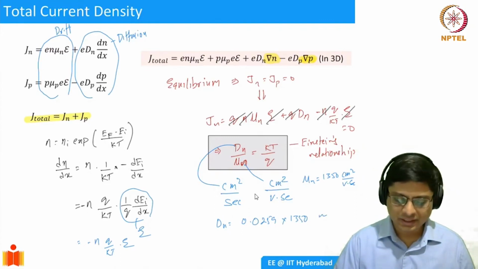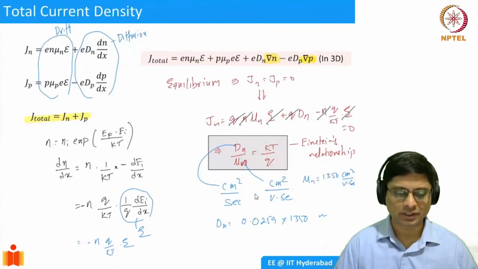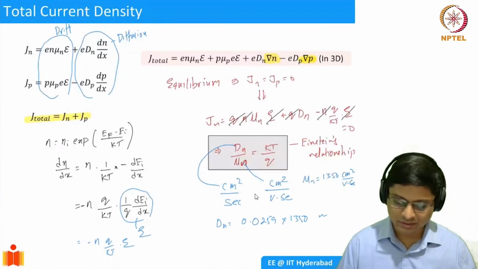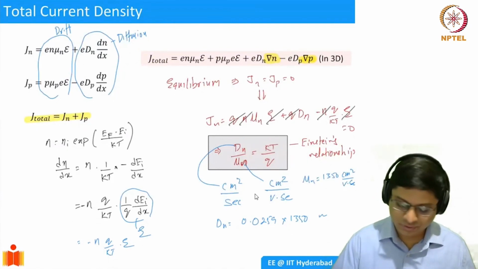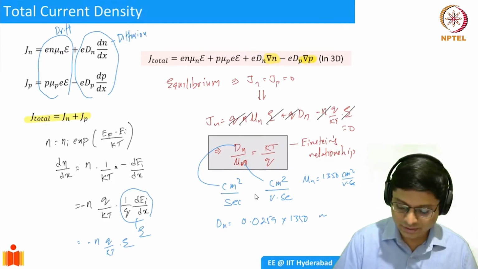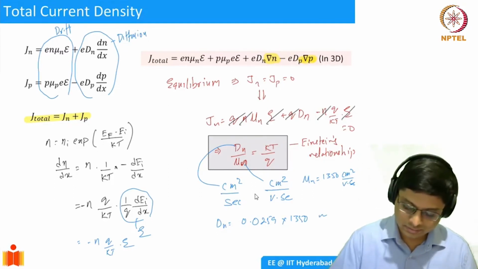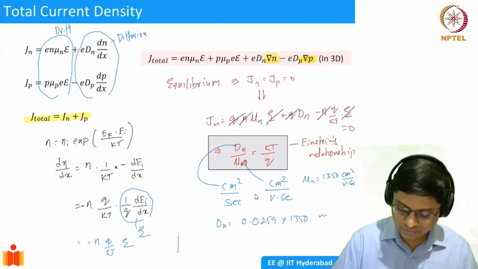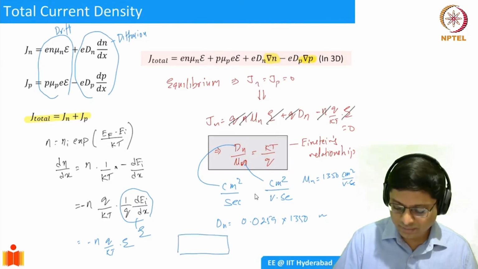Also remember, this can be a significant amount of current. It's not a small thing. You could take this as an exercise. Take a semiconductor of size, let's say, 1 millimeter.